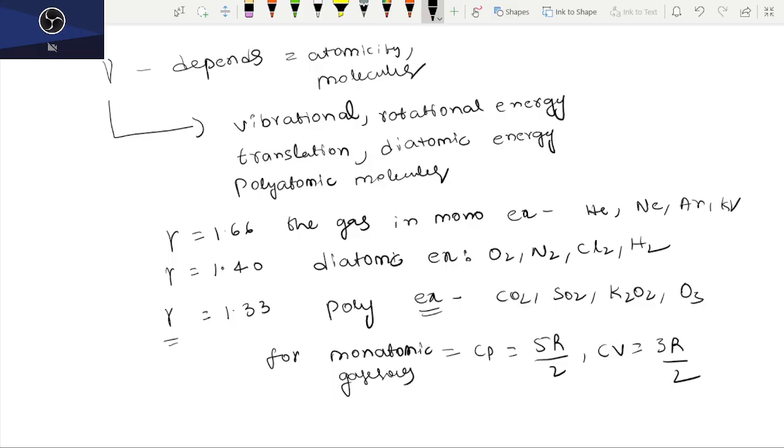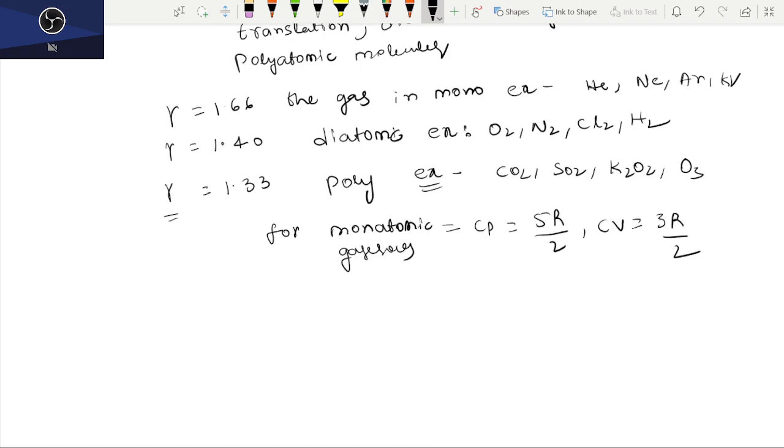At last, for diatomic gases, Cp is equal to 7R by 2 and Cv is equal to 5R by 2, right? But for a triatomic structure, tri means 3, Cp is equal to 4R and Cv is equal to 3R, right?